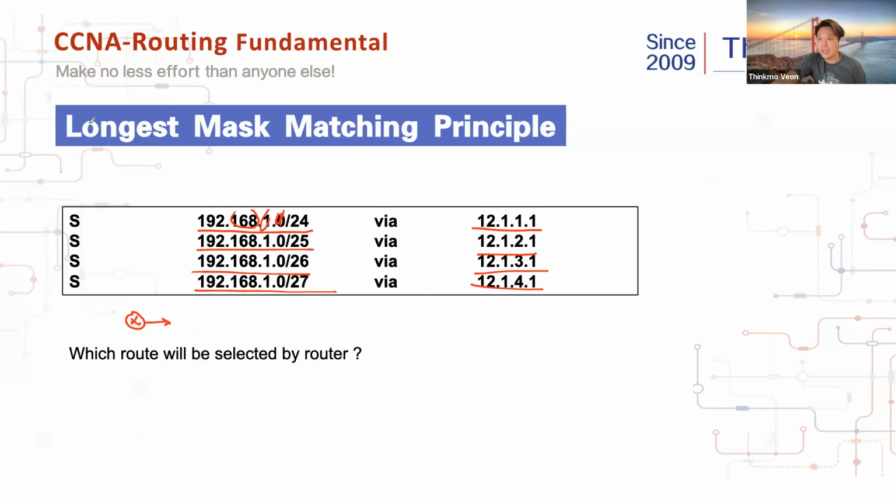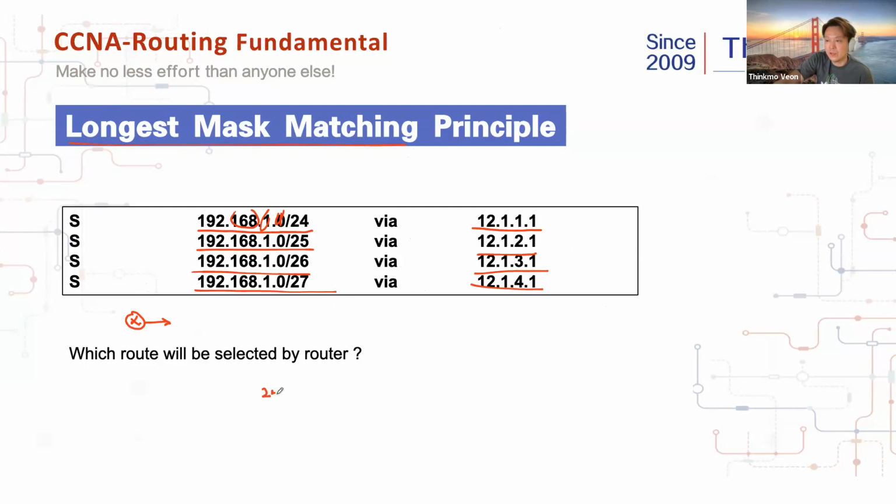You can look at the title here, longest mask matching principle. What is the longest mask? If you have an IP address like /27, what is the subnet mask of /27?